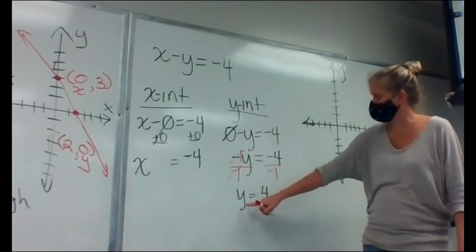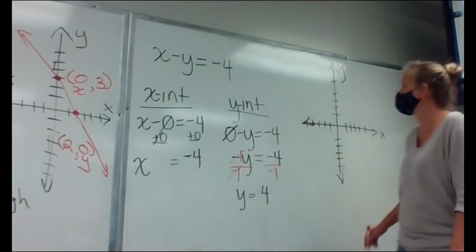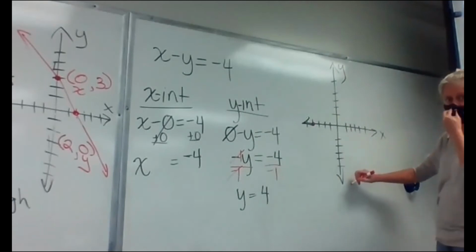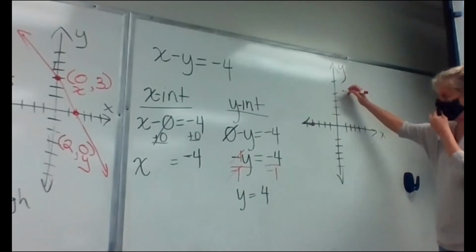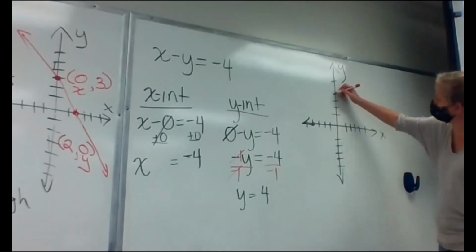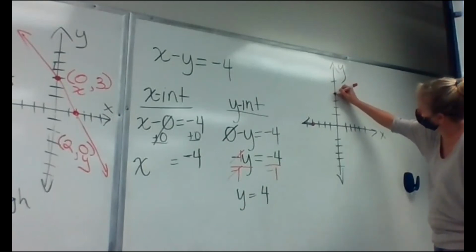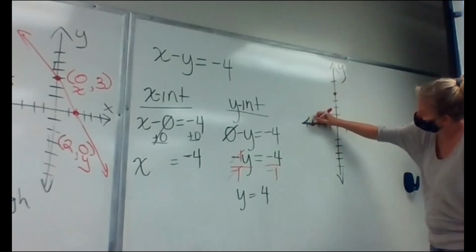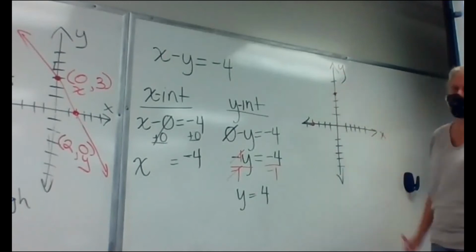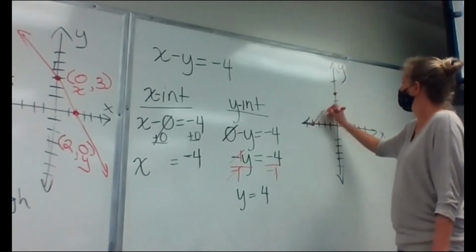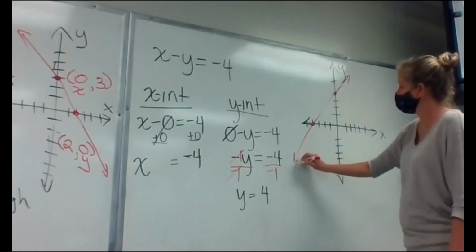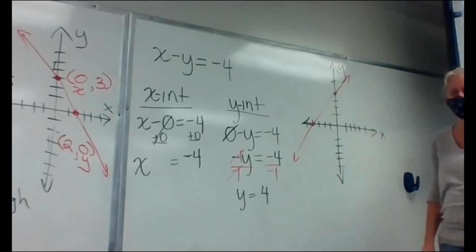My y-intercept is +4. Here's my y-axis. So it's going to cross through the y-axis at +4. So my x-intercept, my y-intercept, connect them. There's your line.